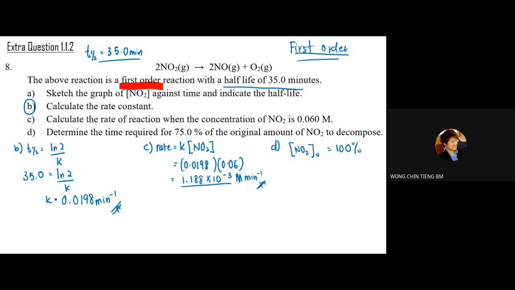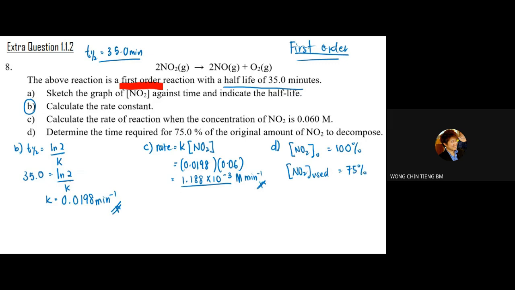Kita boleh katakan. Okay? Sekarang, 75% of the original amount decomposed. Next question. 75% is the initial use or less? Use. So, the concentration NO2 use is 75%. Question asking for the time. Betul?